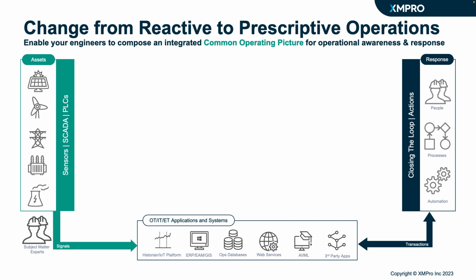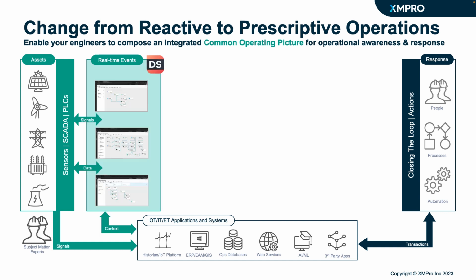A whole bunch of different applications inside the organization, ERP, GIS, name them, ML. And then we're trying to use people, processes, and automation to respond to events that happen in all of this context. And there are signals going from the assets into these systems and transactions in terms of what people need to do. And we have subject matter experts that have a deep understanding of these assets and how they operate.